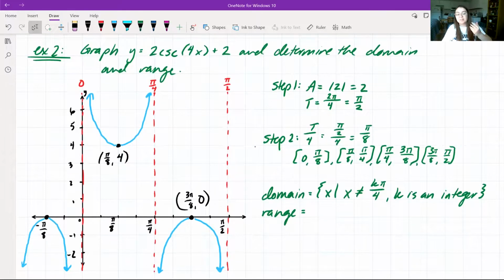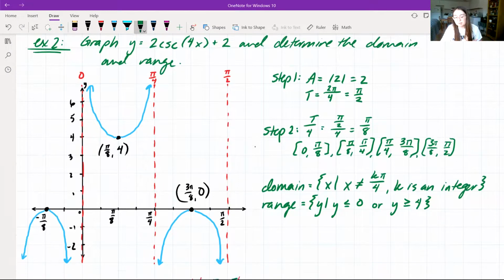So because of our vertical shift, we do have to change up our range a little bit more here. But really what we're seeing is that our range will be values greater than or equal to 4 or less than or equal to 0. So we have y less than or equal to 0 or y greater than or equal to 4. So that is how we would write it in our set builder notation.